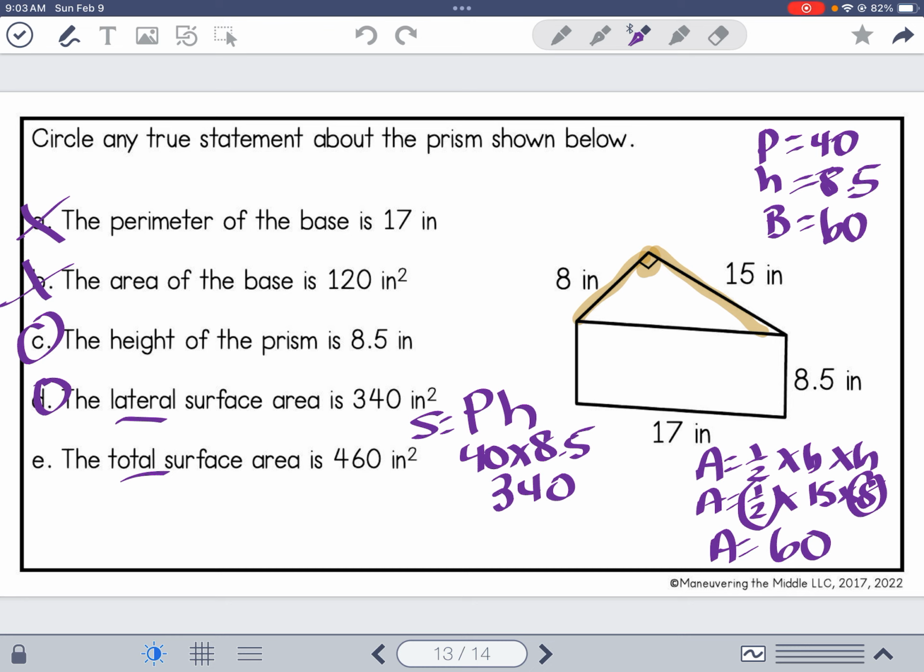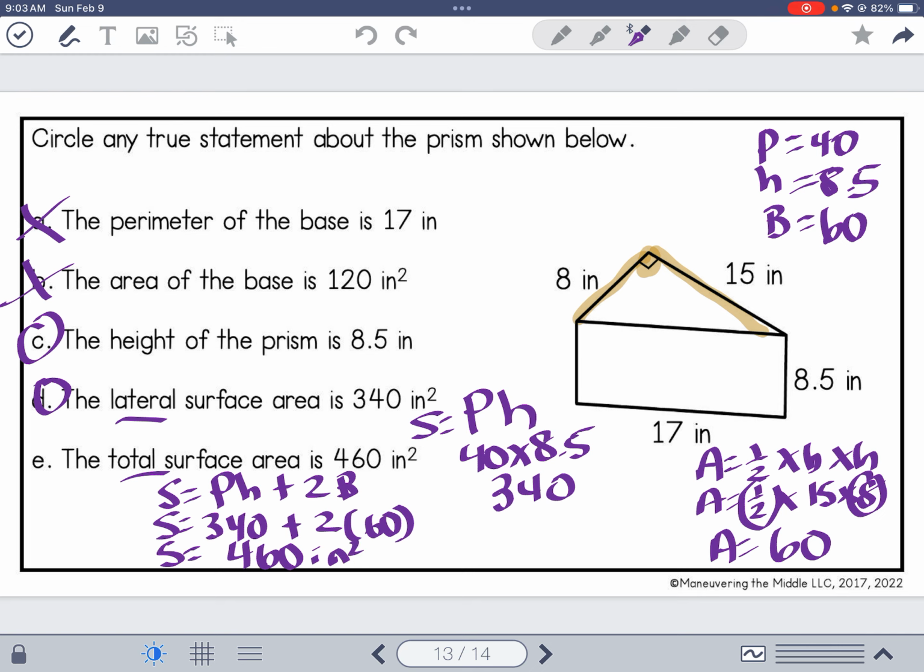Now to do the total, S is equal to pH plus 2B. Well, we already know pH was 340 plus 2 bases, which is 60. So put that in your calculator. It should be 120 plus 340. And that gives me 460 inches squared. And that one is correct. All right, guys, I'll see you tomorrow.